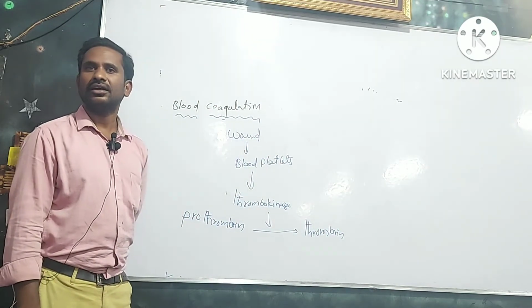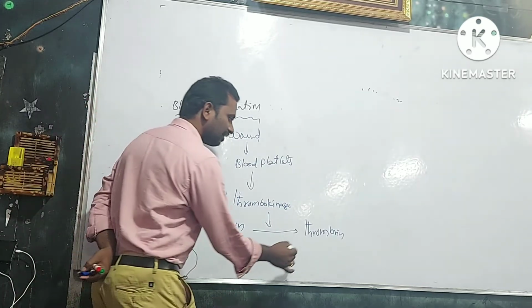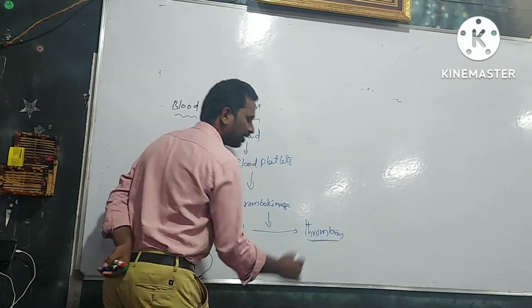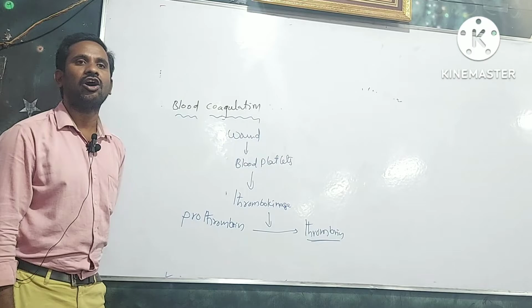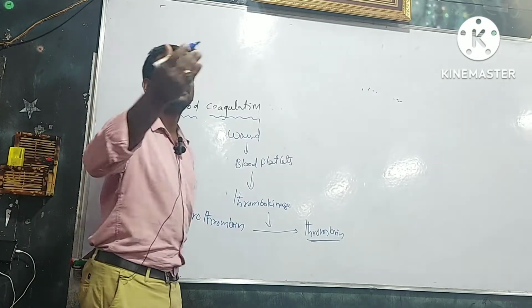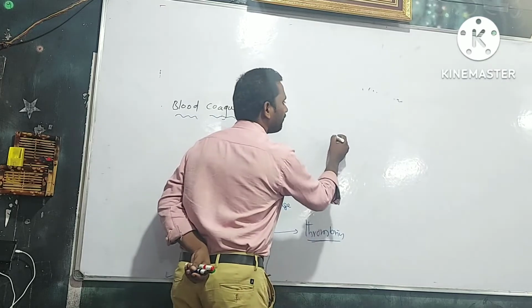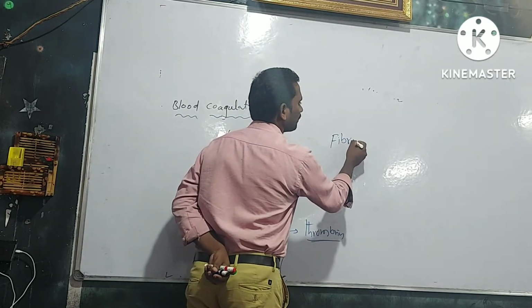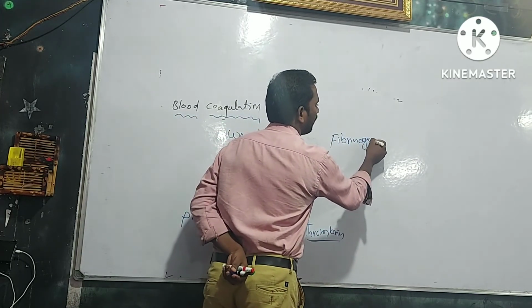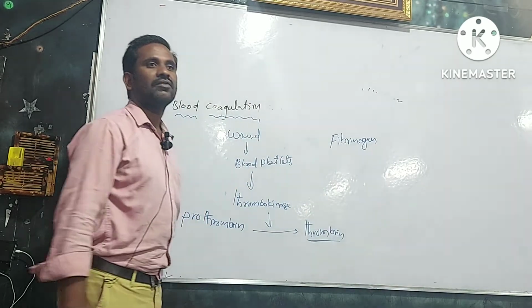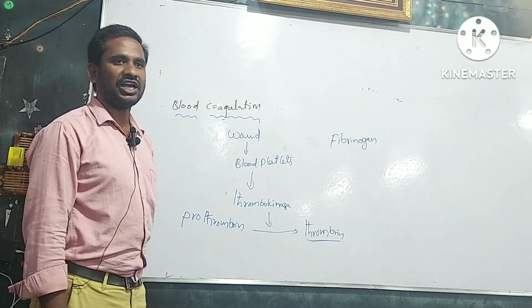Did you get it? Next, in its active form, the thrombin can act on another inactive form of enzyme, that is fibrinogen.